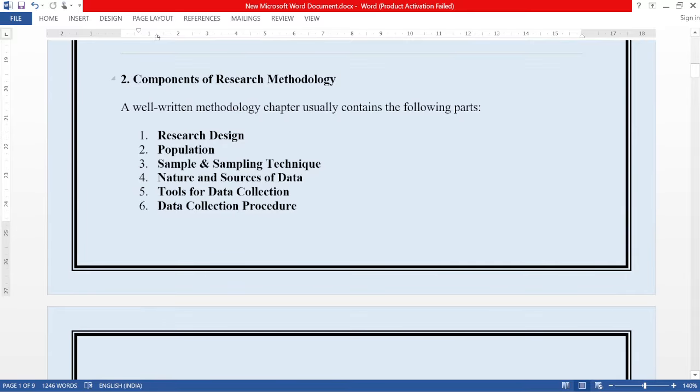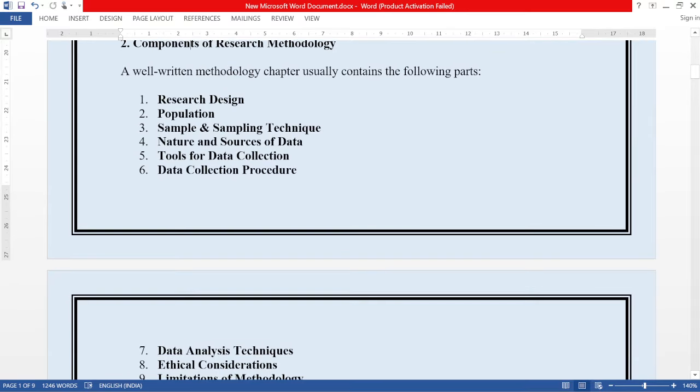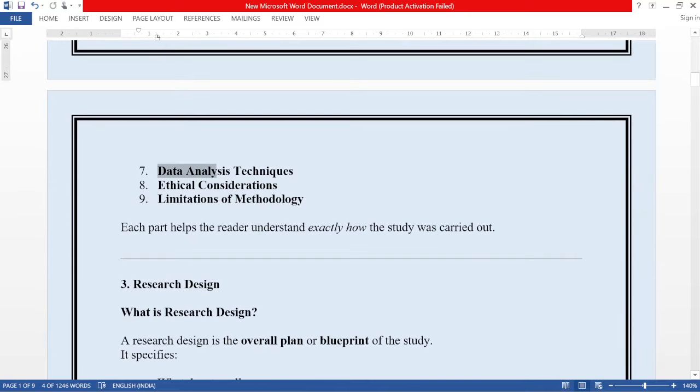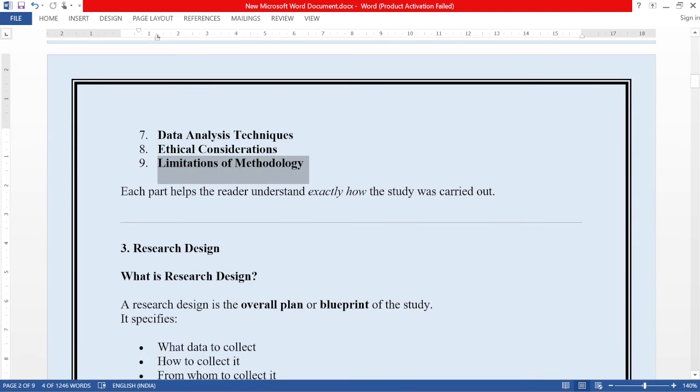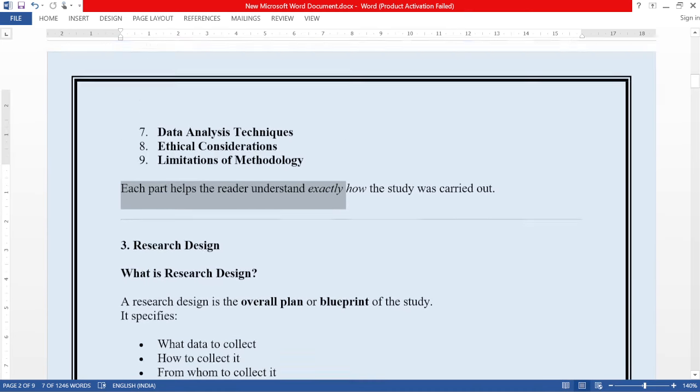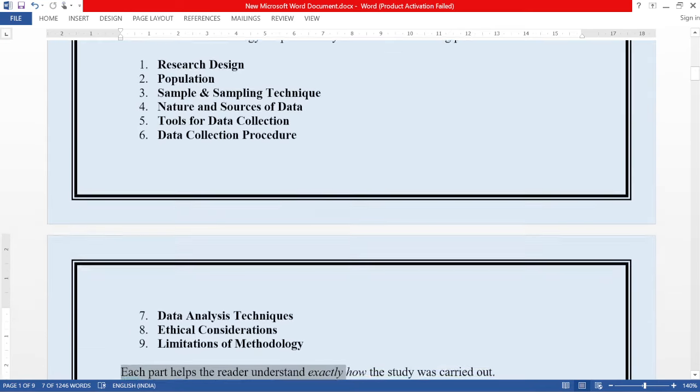So these are the components of methodology: research design, population, sample and sampling technique, nature and source of data, tools for data collection, procedure, data analysis technique, ethical consideration, limitation of methodology. Okay, so we're going to understand everything here.